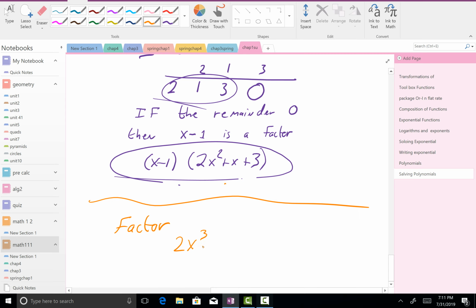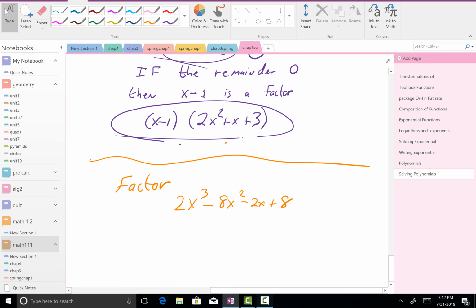x cubed minus 8x squared minus 2x plus 8. So if we want to factor that, what do we need to do first? Okay, we're making this way hard again. We're going to graph it.